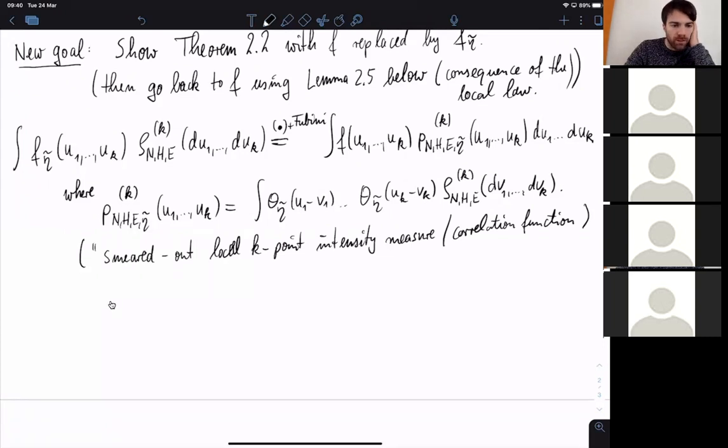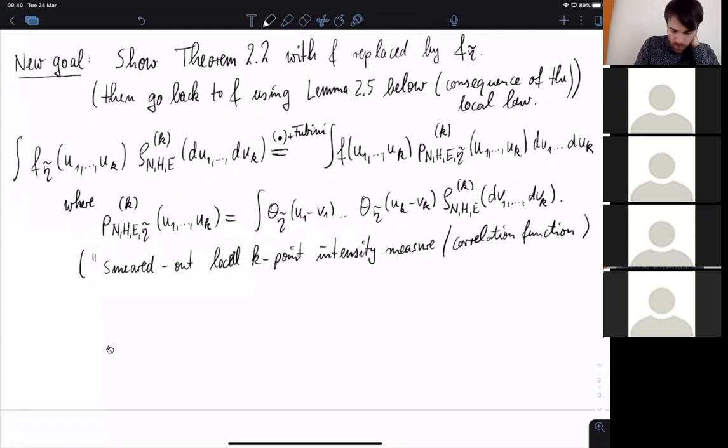Okay, and now what we want to do is rewrite everything back in macroscopic variables, and then it will be obvious how the resolvent comes in. So with macroscopic variables, we have the following.